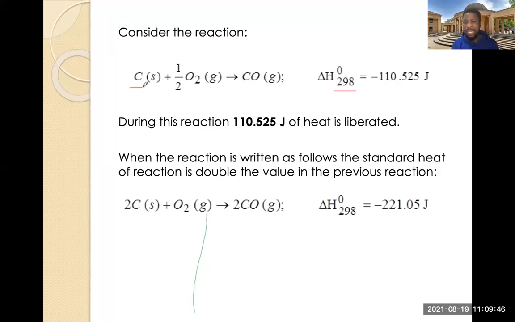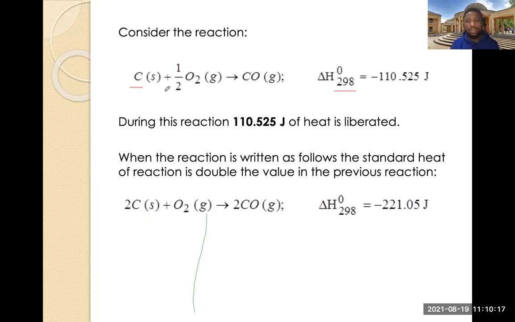Also note that the heat of reaction for every process is directly proportional to the number of moles of the compounds present. Can I say that again? The heat of reaction for a process is directly proportional to the amount of moles of the compounds present.